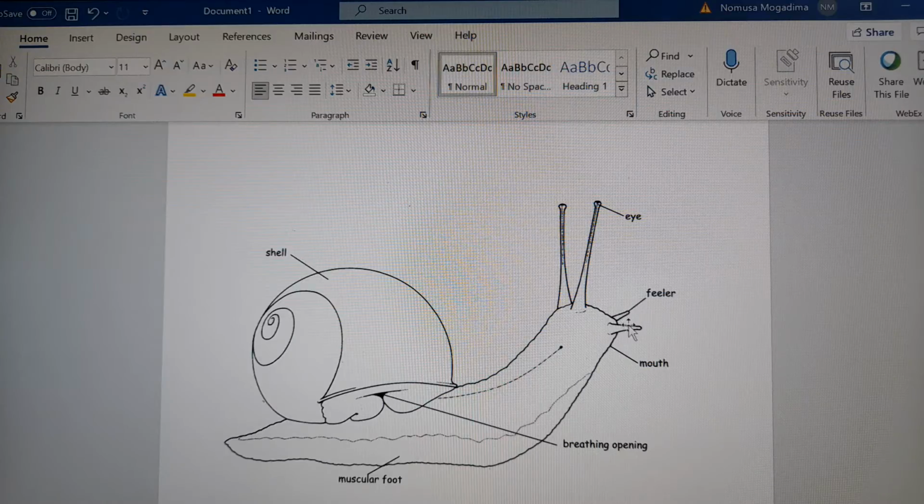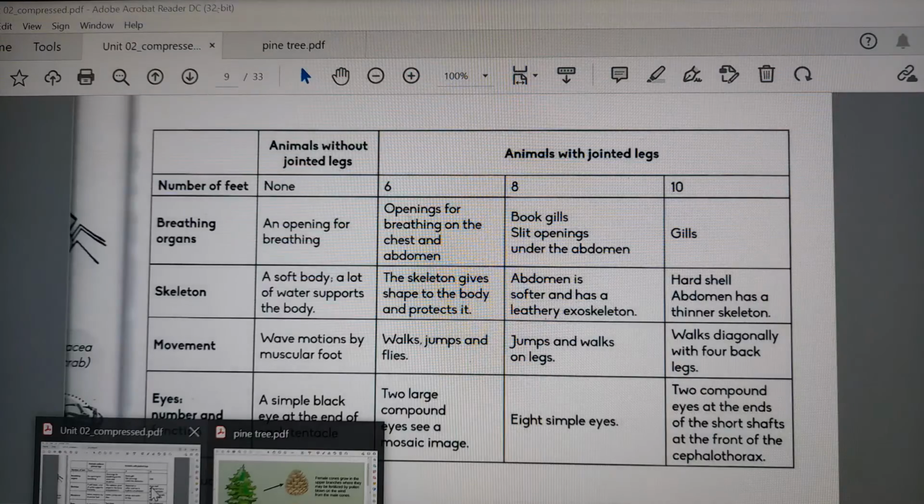Sometimes they call these upper feelers and these lower feelers, and another name they call them is tentacles. At the top of the upper feelers we've got the eyes. You see this little bulge here, it's the eyes of the snail. So please know this diagram. Let's continue. Now we have looked into the snail.